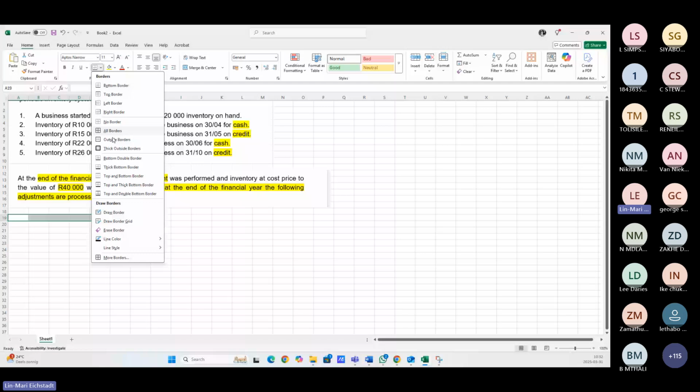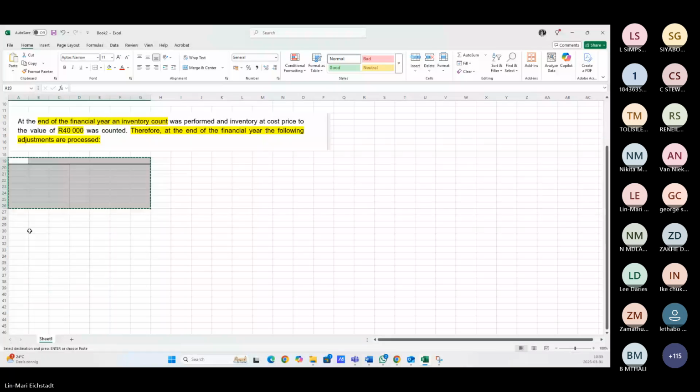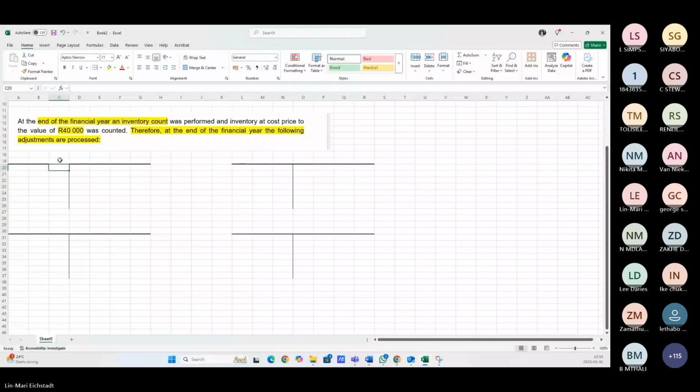Just do a few like this. Maybe just copy them. Okay, so our T accounts that we were looking at would be our inventory account. So we have a debit here, and our inventory increases on the debit side.